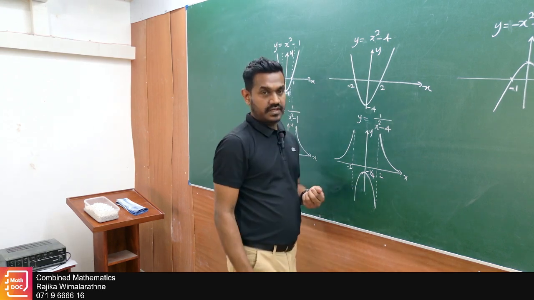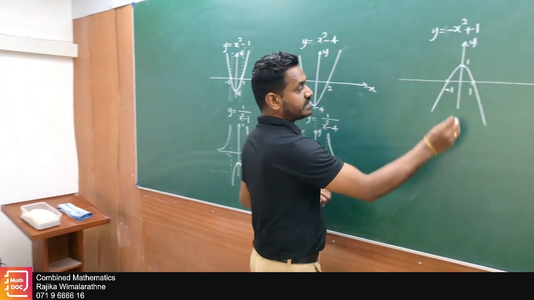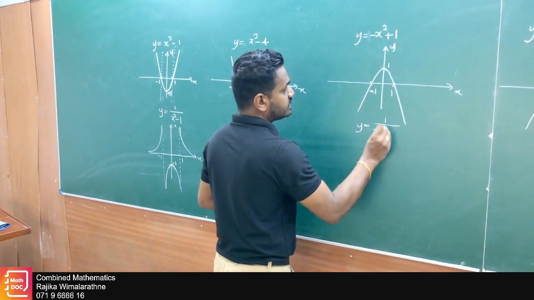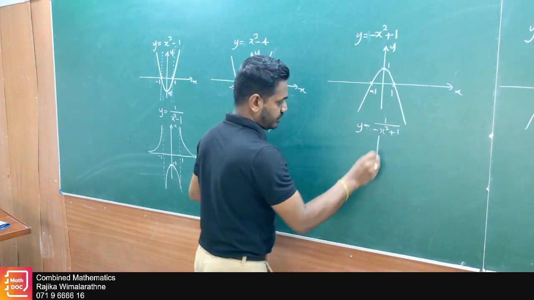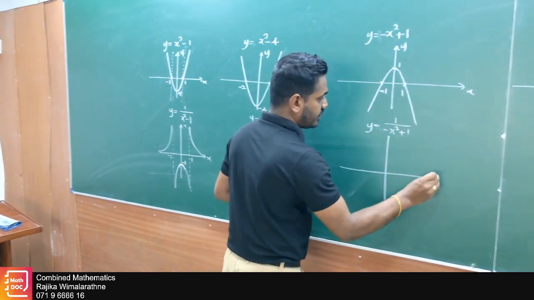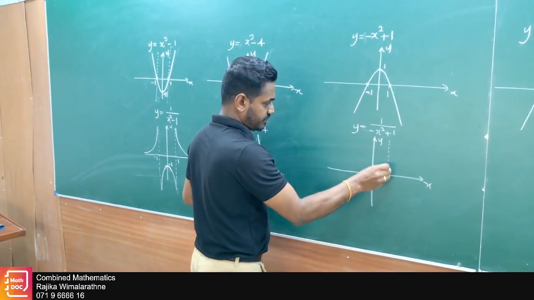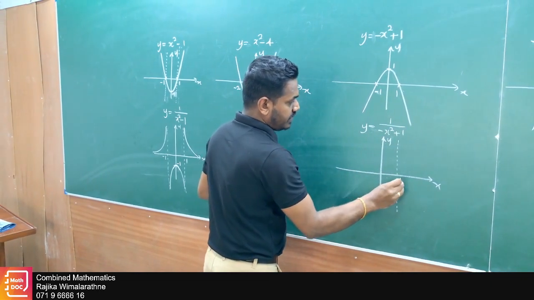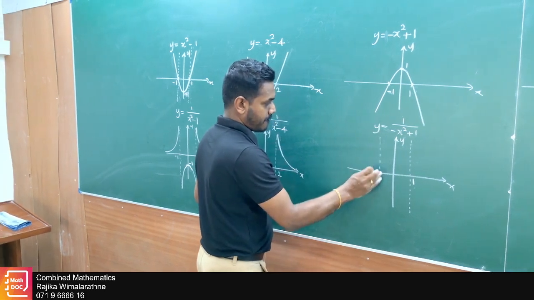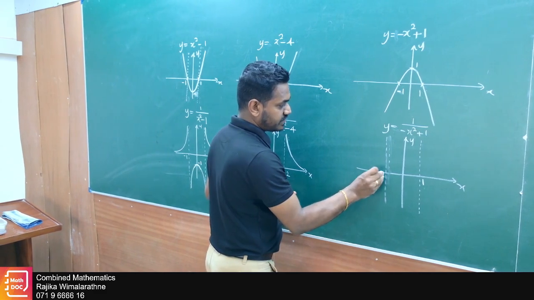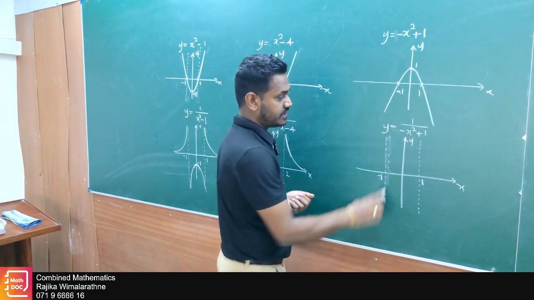Now for this, y equals 1 over minus x squared plus 1. X-axis, y-axis. Here x-intercepts, mark 1 and minus 1. These are denominator zeros, we call them vertical asymptotes.